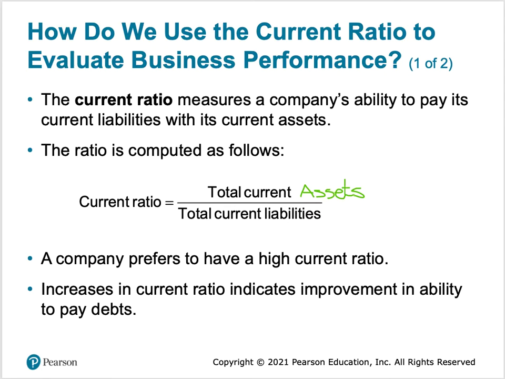So that means it could pay off its current liabilities and still have 50 cents per every dollar spent. A current ratio of 1, on the other hand, would be considered low and somewhat risky, because that means we could pay off the liabilities and there would be nothing left.